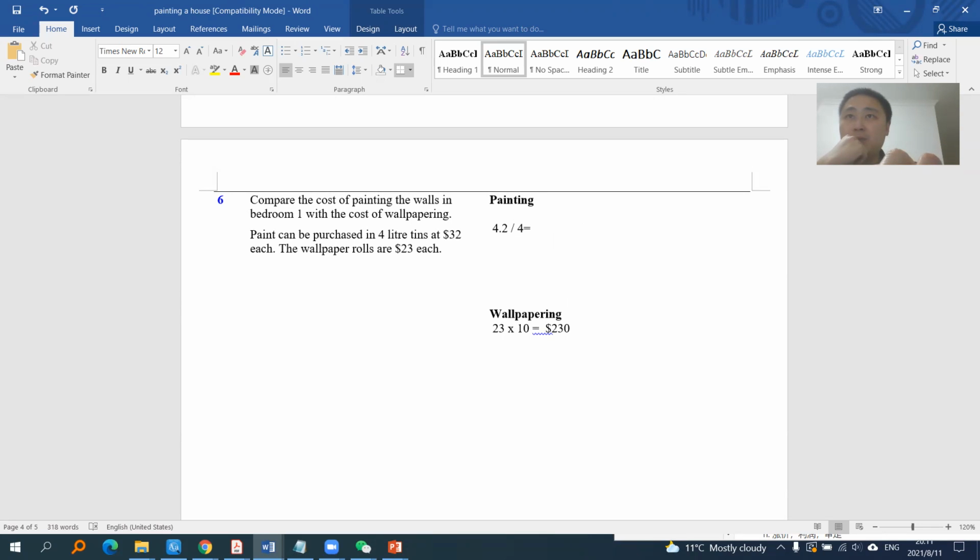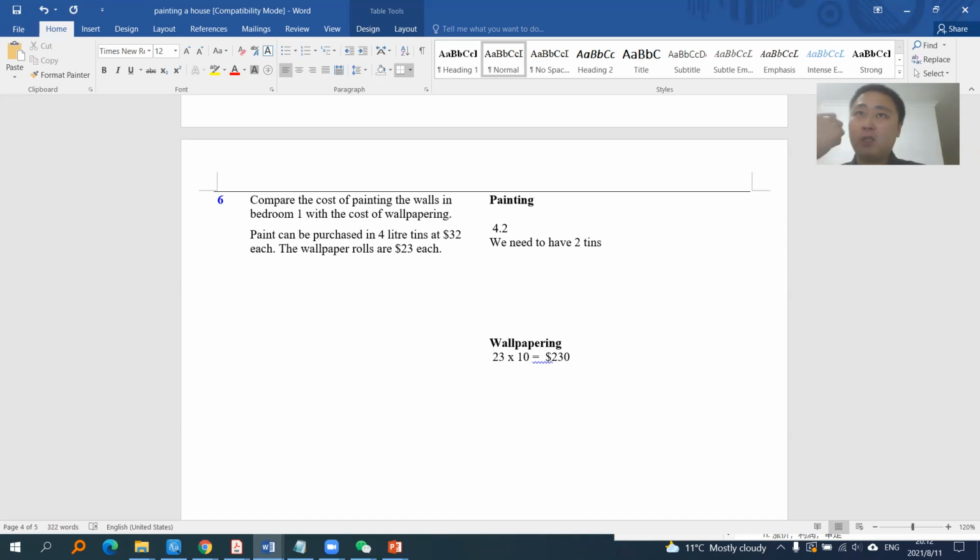That must be used more than one tin, right? So in total, we need to use 4.2 liters of paint, but one tin is only 4 liters, so we need to have 2 tins.